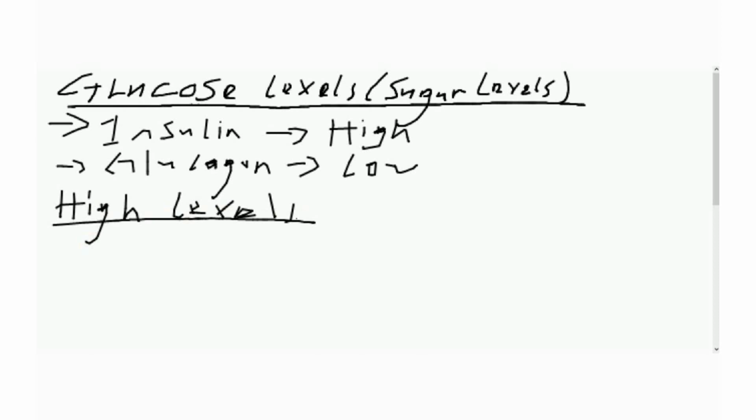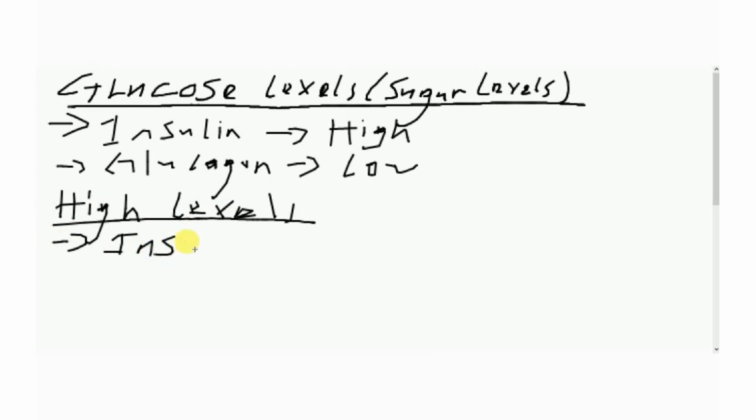If there is a high concentration of glucose in the body, the pancreas is going to produce the hormone insulin, and that insulin is going to be transported by the bloodstream, and when it reaches the liver, it will cause the liver cells to convert the excess glucose into glycogen.